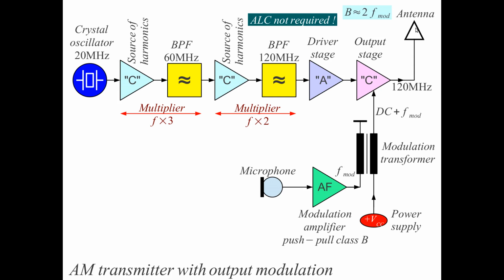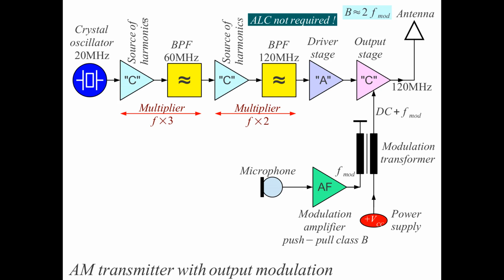So it's still something that is alive today. How is such a transmitter built? It starts with a crystal oscillator. Then we have frequency multiplier stages that include an amplifier in class C to produce lots of harmonics, and then extract the desired harmonic with a bandpass filter.